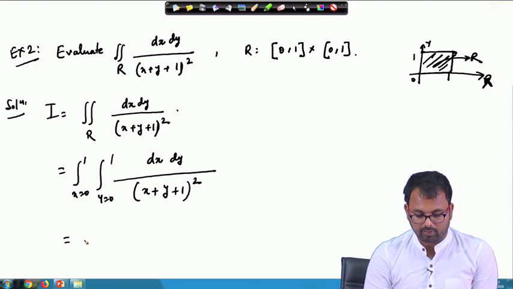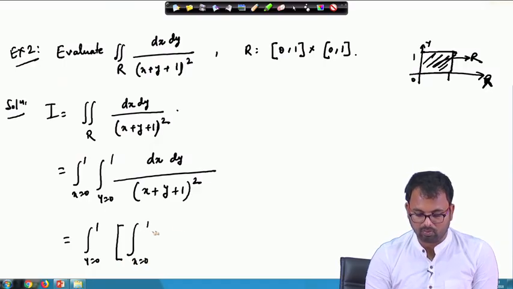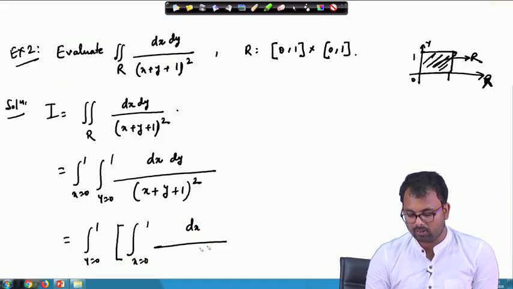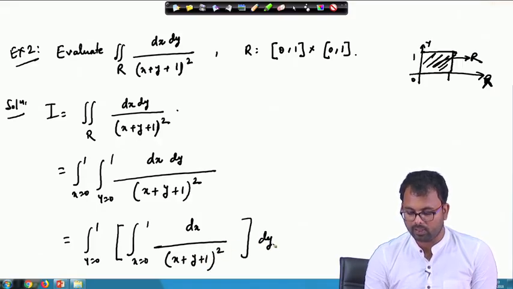So, if I integrate with respect to x first, let us treat y as constant, and then I can use that big bracket, x running from 0 to 1, dx by (x plus y plus 1) whole square, and then dy.